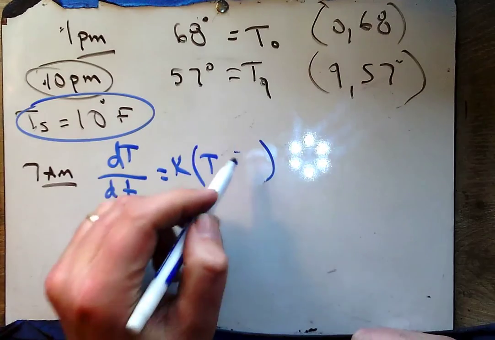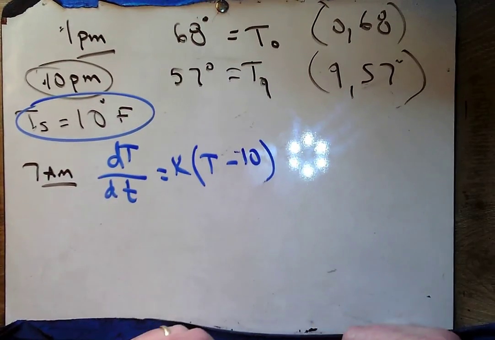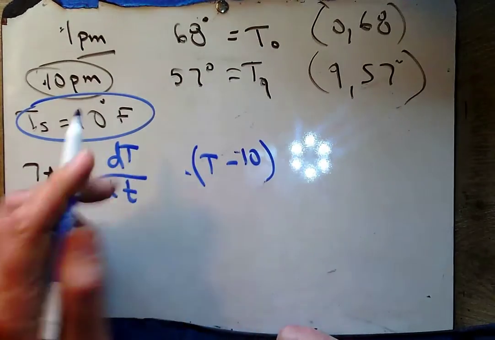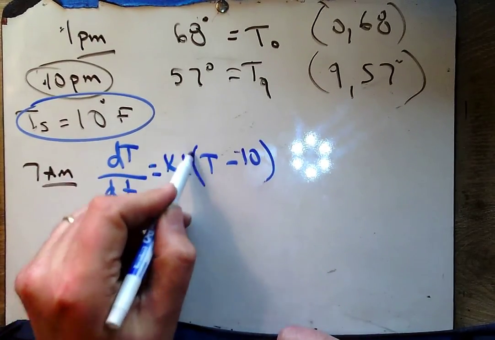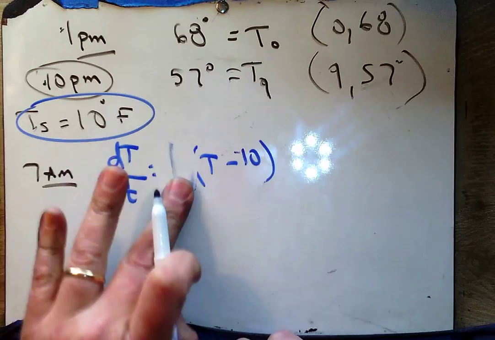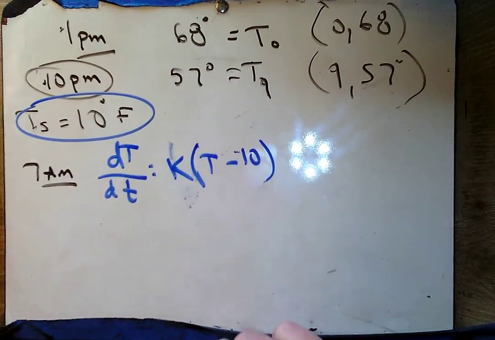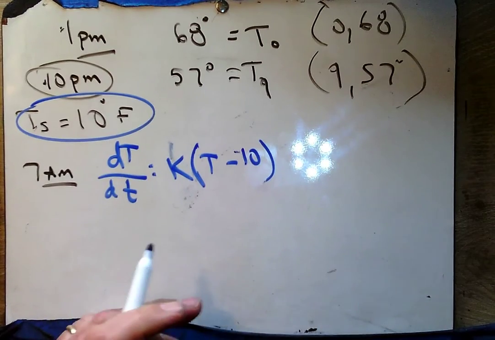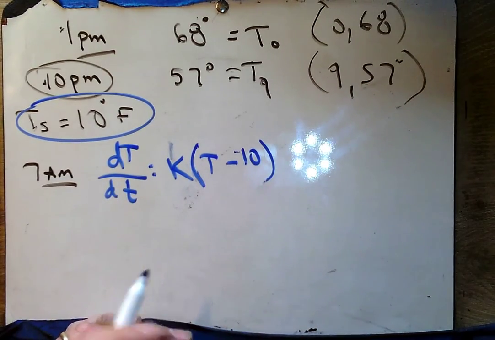In fact, if you identify it as T sub S, you can put that in now. And you can derive this: dT/dt equals k(T minus T sub S). Okay. So derive that if you want. I'm going to start with the model, if that's okay.